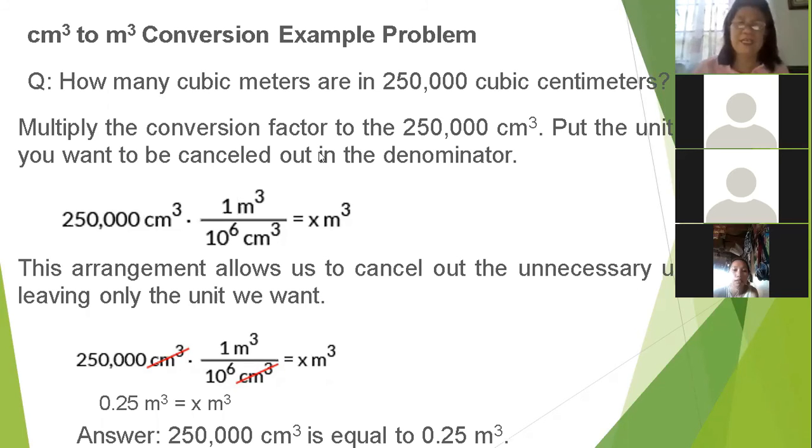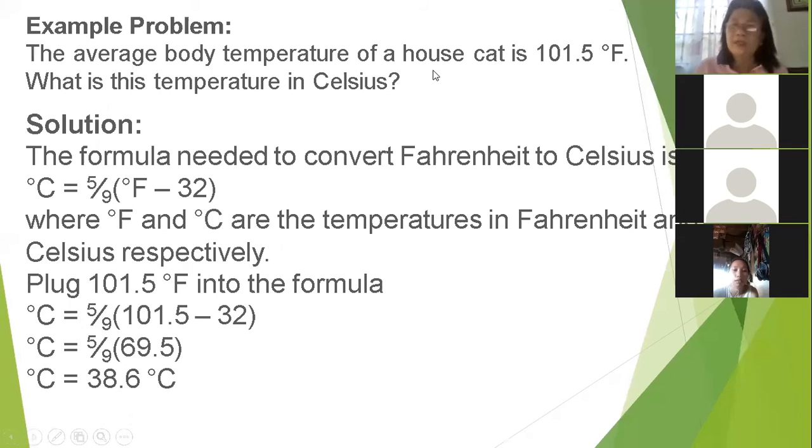Here is an example in terms of temperature. As I have said, there are 3 units of measurement for temperature: degree centigrade or degree Celsius, degree Fahrenheit, and Kelvin.